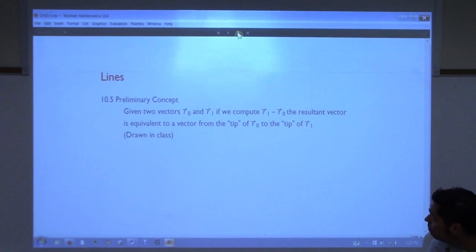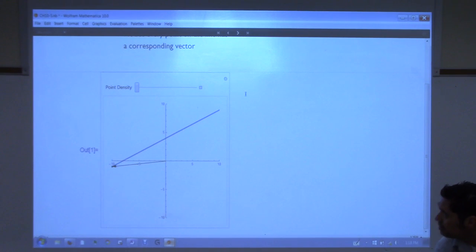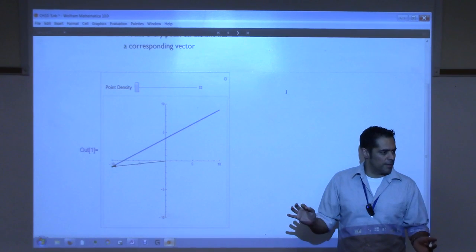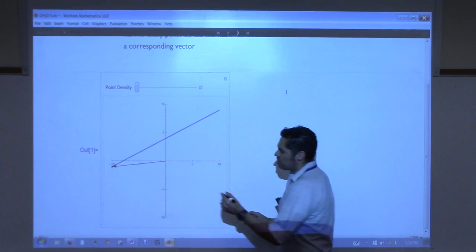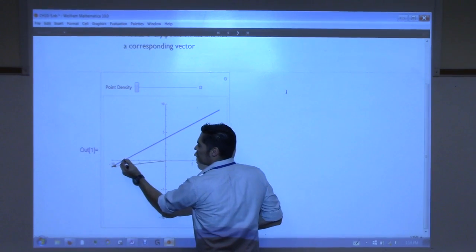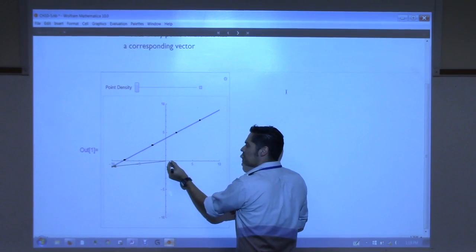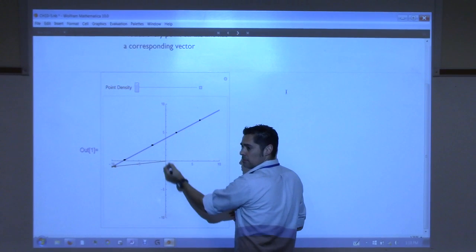All right, so now let's look at a line. See the blue line? Now we know that when we talk about lines and vectors, they're completely different things, right? Points and vectors, they're different things. But let's just take a look at different points on here. Every single point that lives on this line has a vector that goes from the origin to it, right?